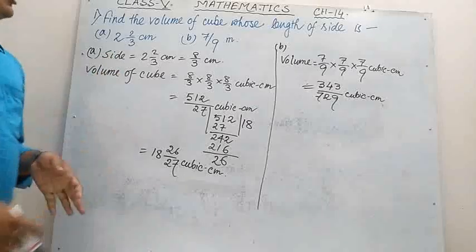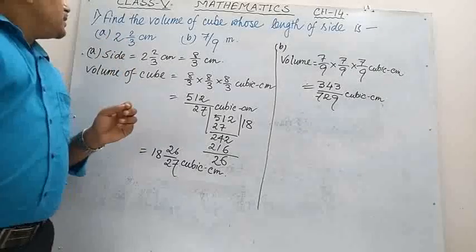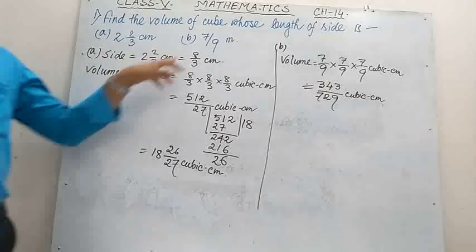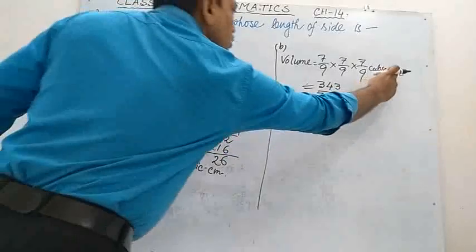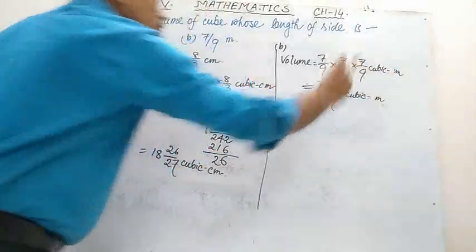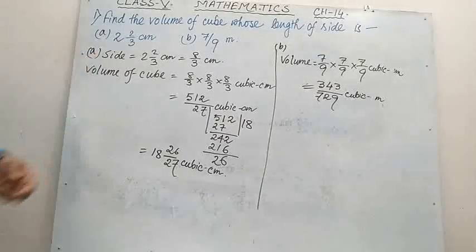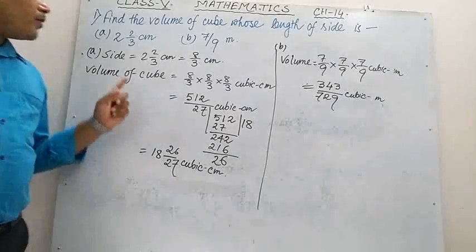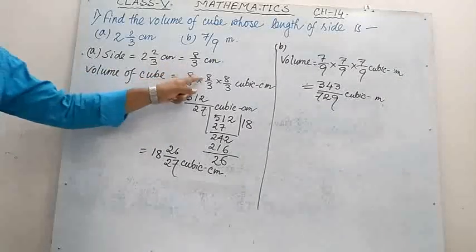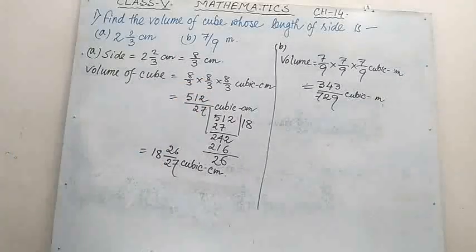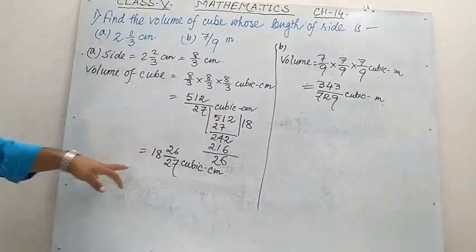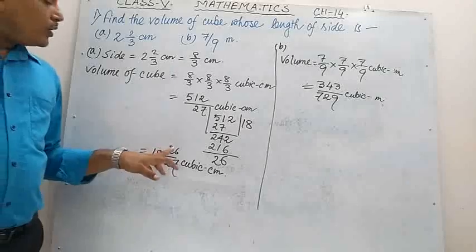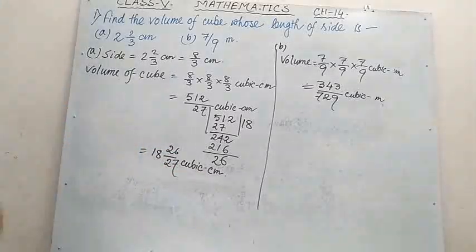So, find the volume of cube whose length of side is A, 2 wholes 2 by 3 centimeter, B, 7 by 9 meter. The second one is meter, so cubic centimeter and cubic meter. Side is 8 by 3 centimeter, so volume is 8 by 3 into 8 by 3 into 8 by 3, that is 512 by 27, and by dividing we get 18 wholes 26 by 27 cubic centimeter.